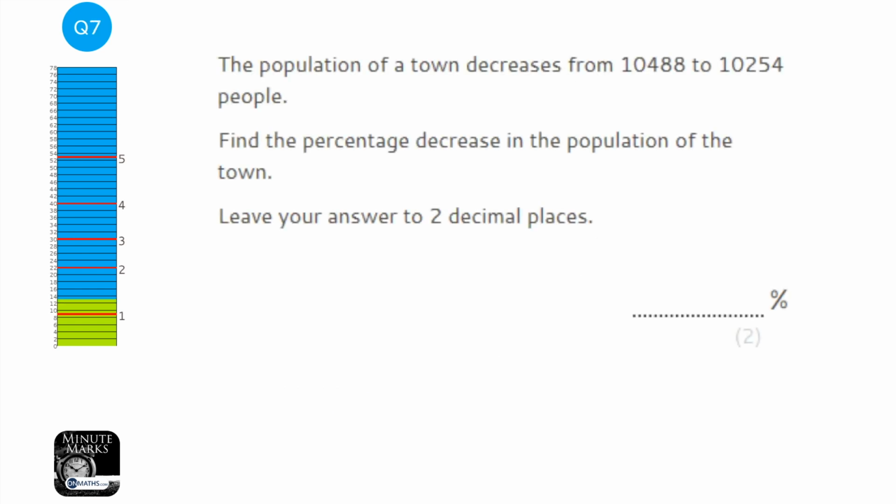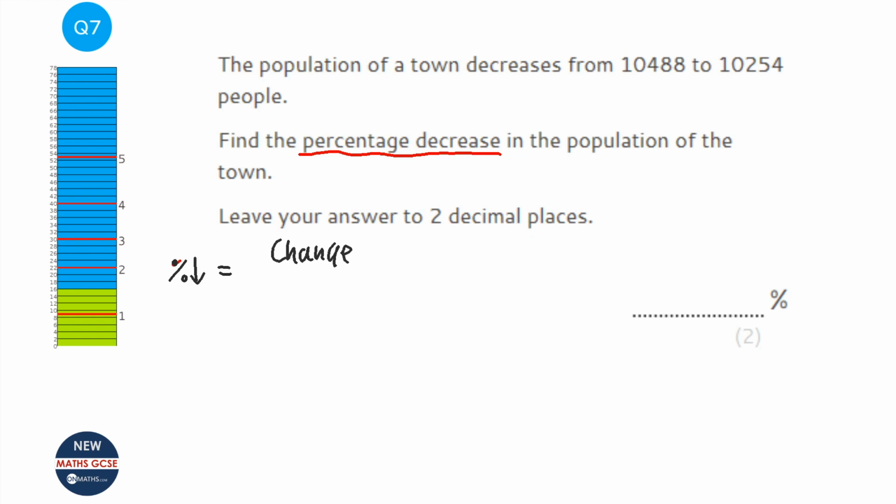So in this question we're asked to find the percentage decrease, and whenever we're asked to find the percentage increase or decrease, and this time we're doing a percentage decrease, the formula is just the change over the original times by 100.